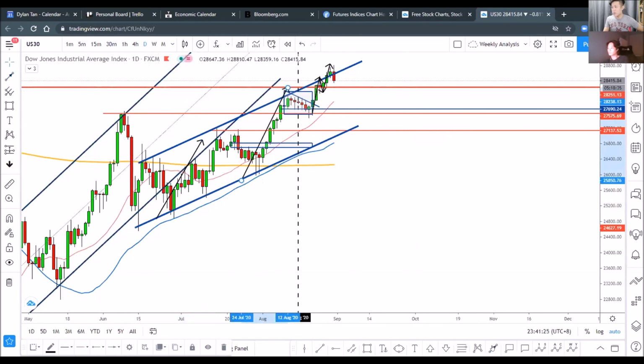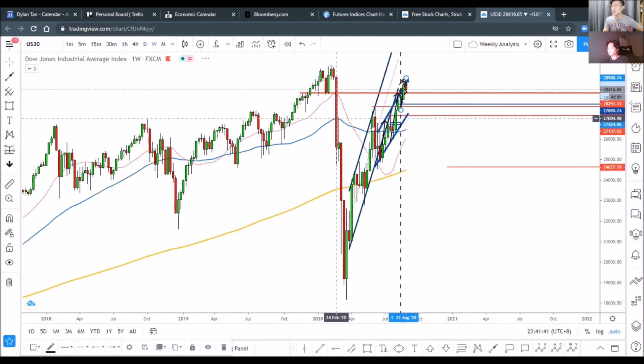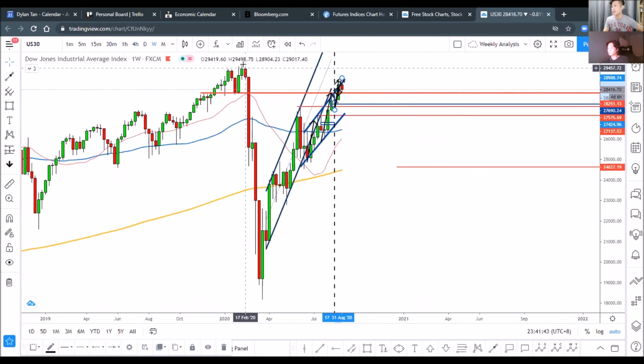The second wave and the third wave is in process, and I think it will end very soon. It could have ended based on the current reversal we are seeing right now. An important level as well, 28,800, very close to the historical high at 29,500.